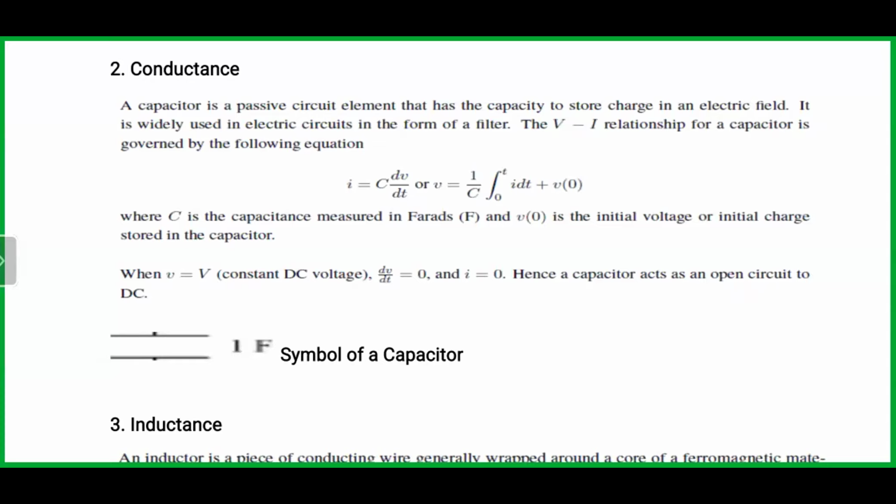But if it is an AC voltage, it doesn't become an open circuit again. It becomes a closed circuit, because now it's going to store the AC voltage and release it as charges. So capacitors work with AC as filters.